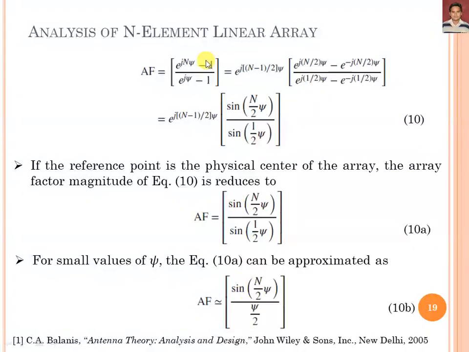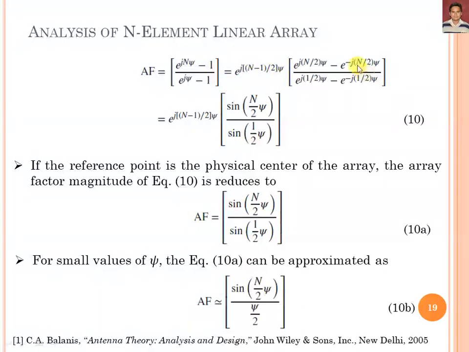So we can divide by this multiplication factor in this expression. Then we take e^{jnψ/2} from the numerator and e^{jψ/2} from the denominator, and we will get e^{j(n-1)ψ/2}.